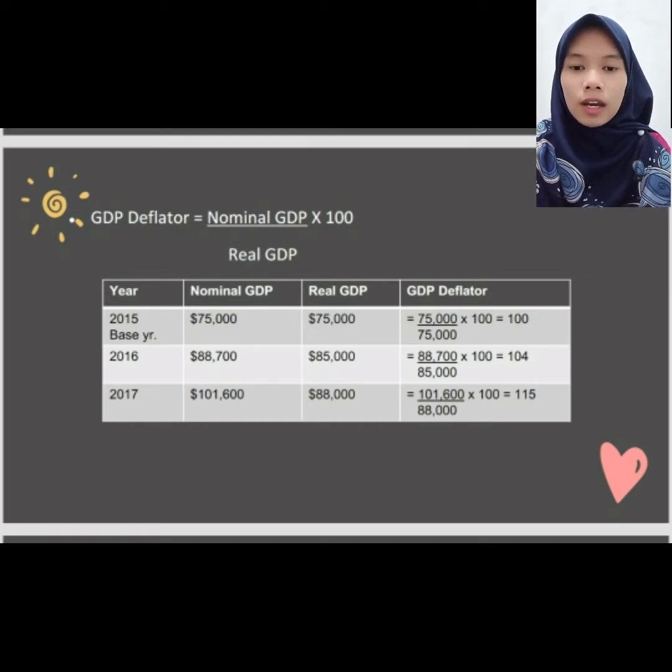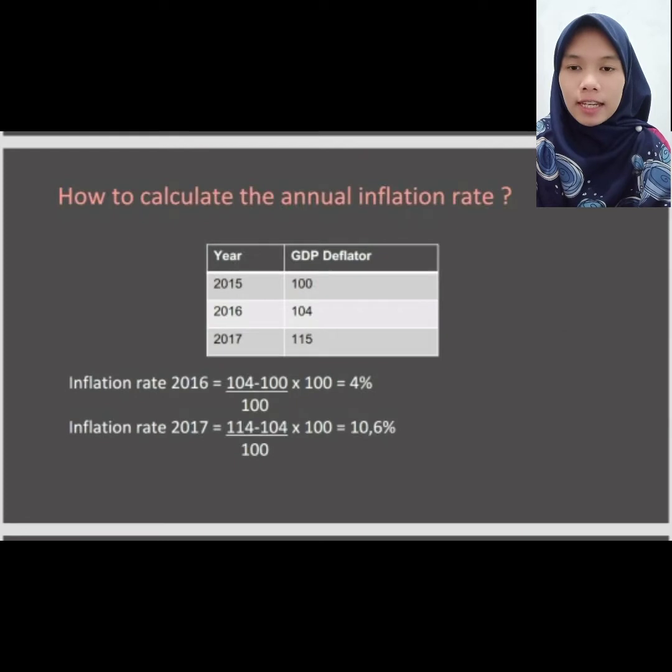So, now we are going to take this data in GDP deflator and use it to calculate the annual inflation rate. You can see in the table, based on previous data, the value of GDP deflator in 2015 is 100, 2016 is 104, and 2017 is 115.